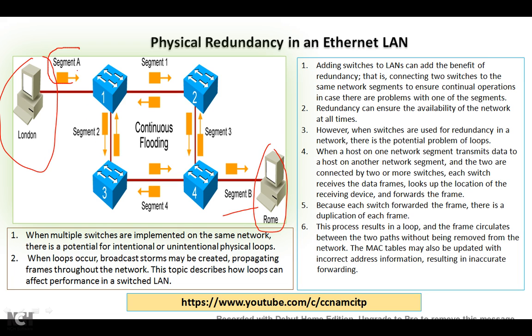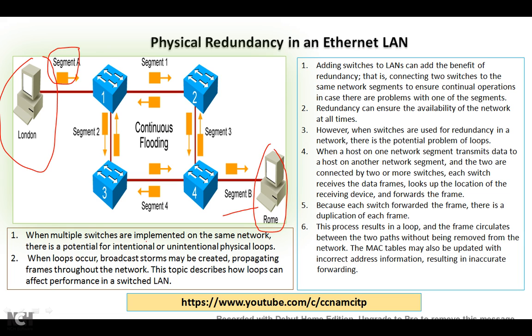So segment A, you can see everywhere I have separate segments. Here segment 1, segment 2, segment 3, and segment 4. So everywhere we have separate segments. We will see here how it works. First of all, we will start from here, and as you can see, I have four switches: switch 1, switch 2, switch 3, switch 4.